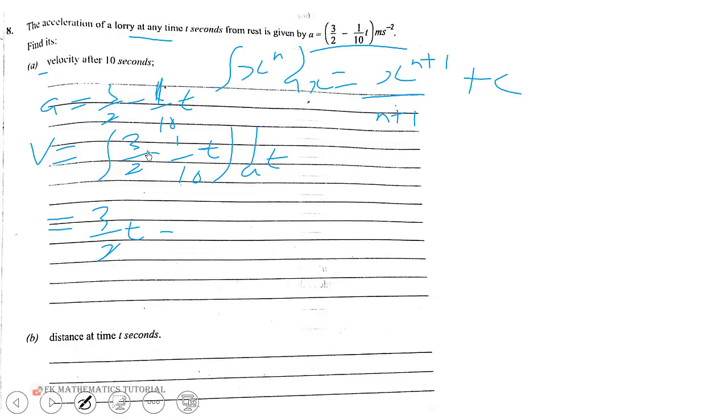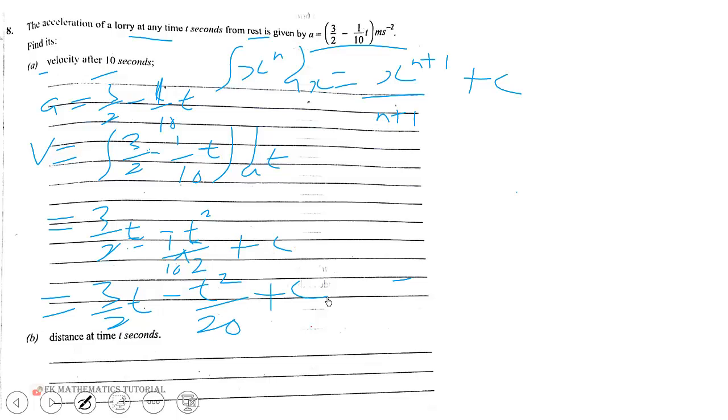This one, the exponent of the t is 0. So we add 1 to the 0 to get t exponent 1. That's why we get a t here. Then 1 over 10 t exponent 1 plus 1, which is t squared over 2, times 1 over 10, plus the constant of integration.